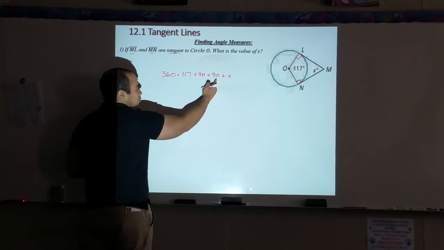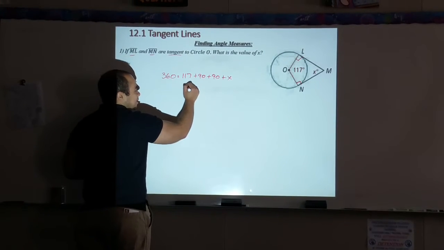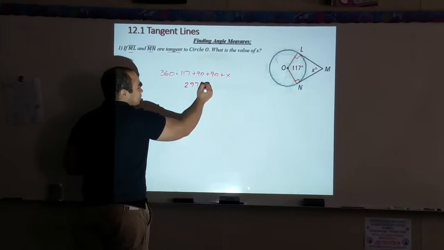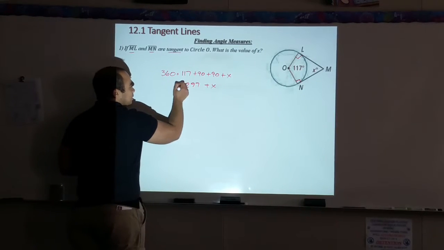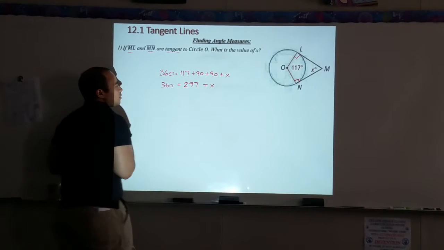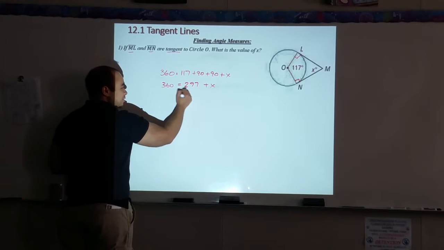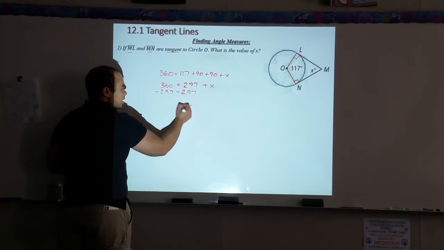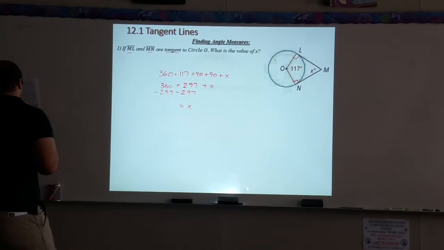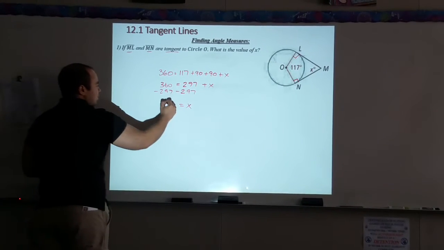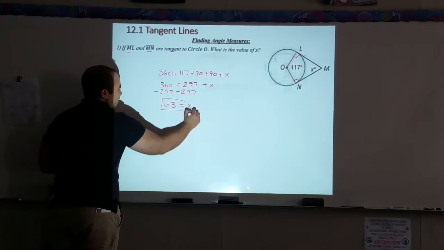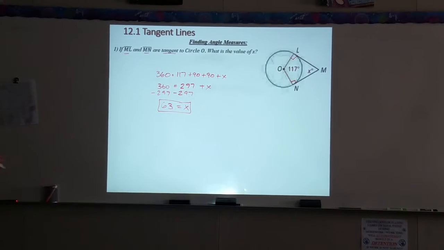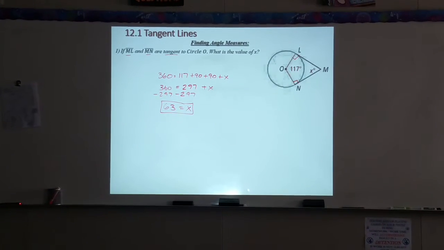So this is 180 plus 117 is 297, plus x equals 360. We need to move the 297 to the other side, so we subtract it from both sides, and we should get x to be 63. Alright, and so that's all they wanted. They wanted the value of x.